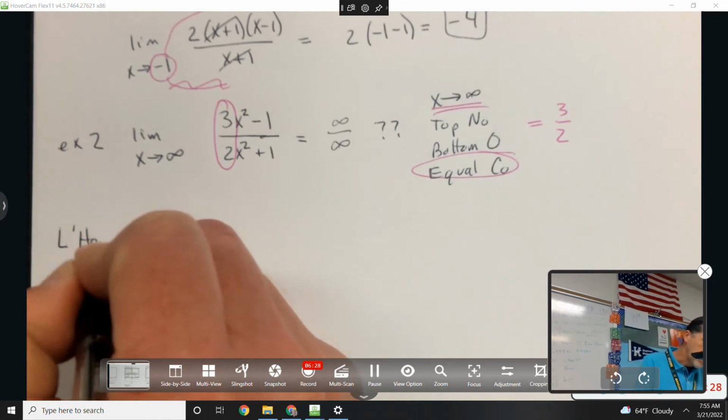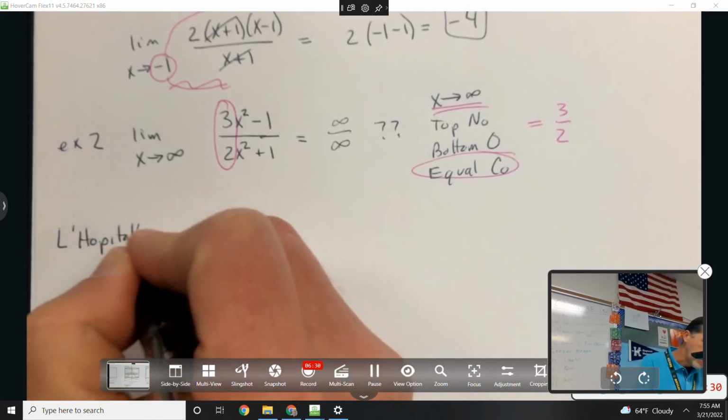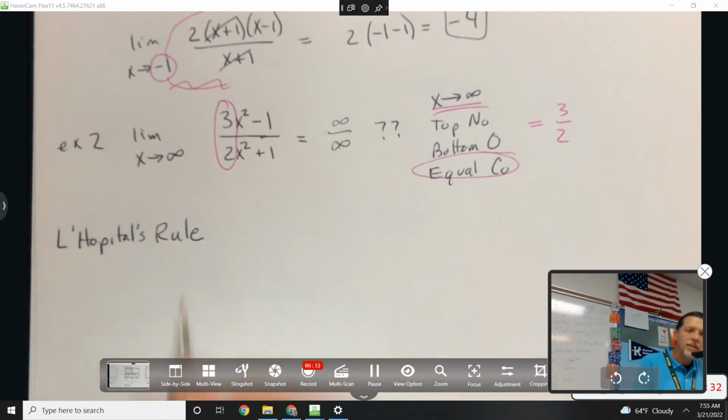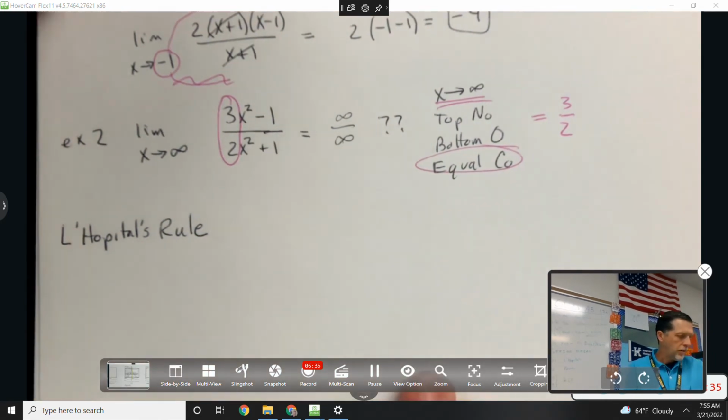All right, let's talk about L'Hopital's rule, because he can shortcut some of this and handle things that algebra rules won't even be able to handle.